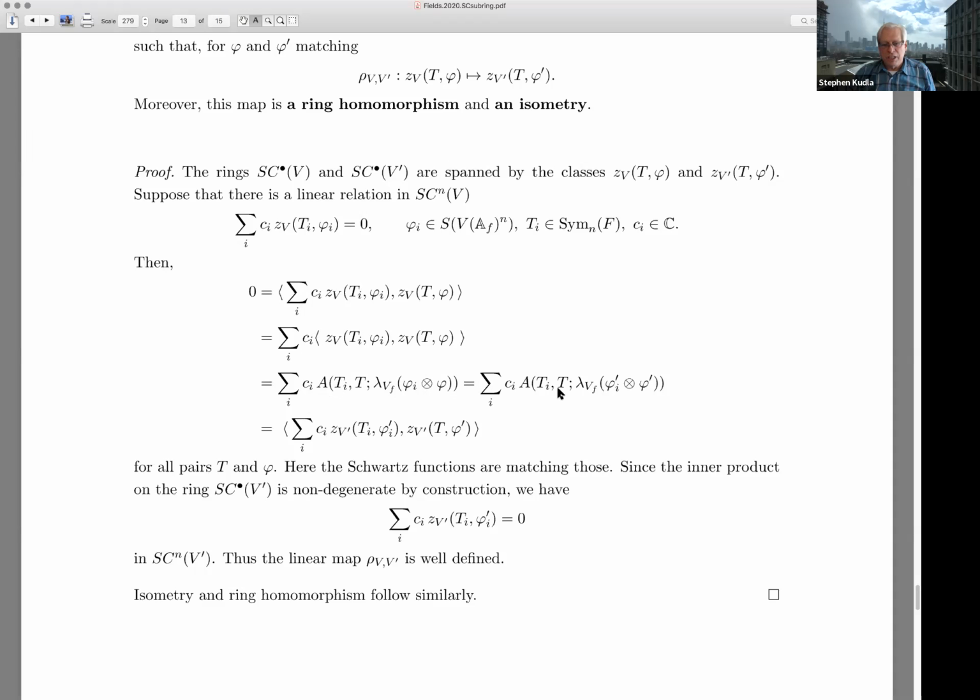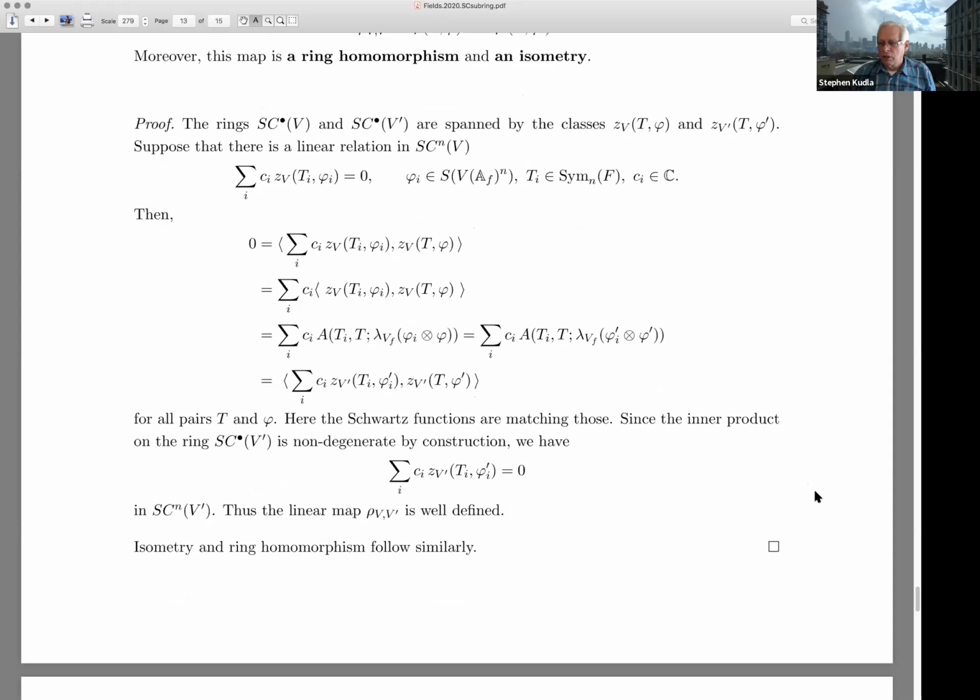And so this combination equals this combination because these coefficients are just equal, because these are matching Eisenstein series. But of course, if you unravel this, it is just the same as this corresponding linear combination of the target classes, inner product with an arbitrary class here. And therefore, if this is 0, this is 0. And that means there is a well-defined linear map.